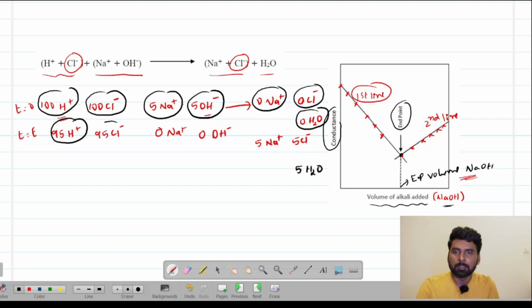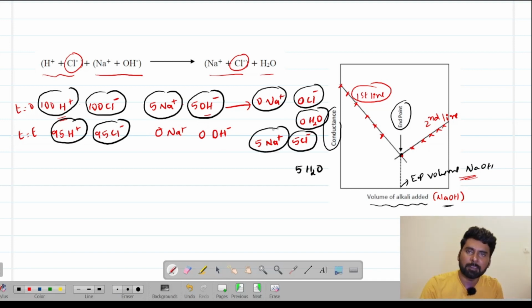Now 95 Cl minus ions. And what are the remaining ions? Na plus on this side, for our convenience we write that they reacted, but actually there is no reaction of Na plus; only H plus and OH minus reacted.